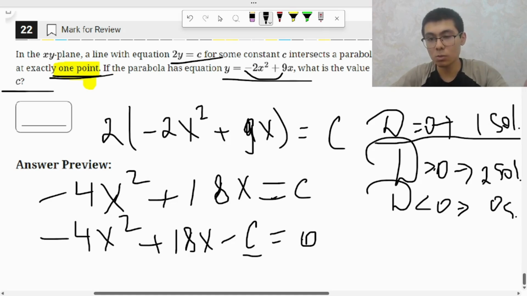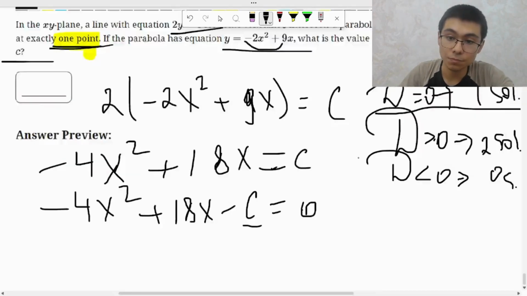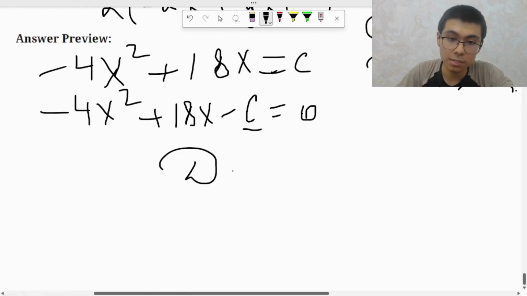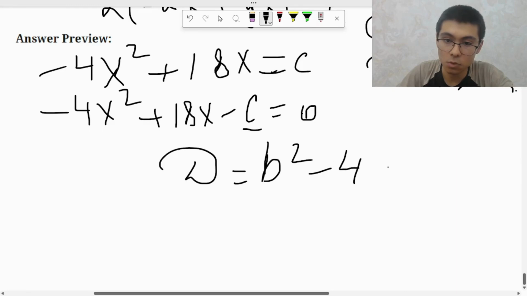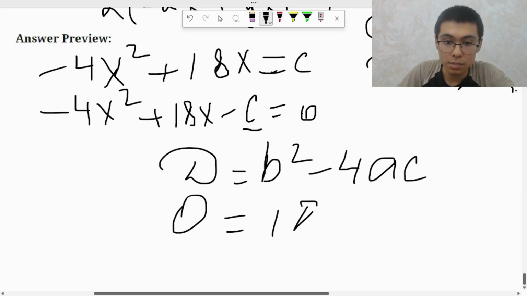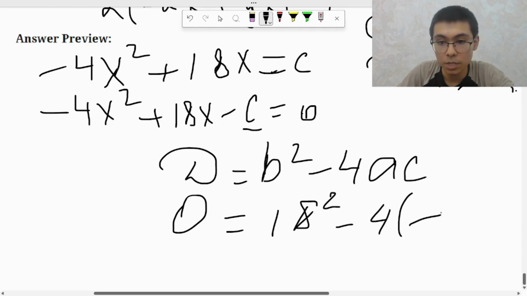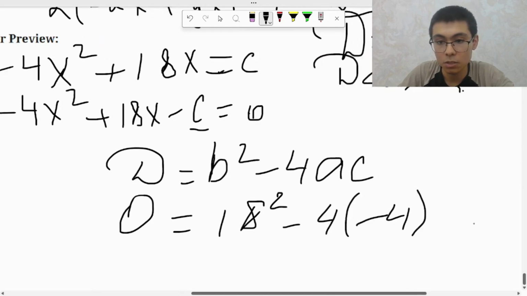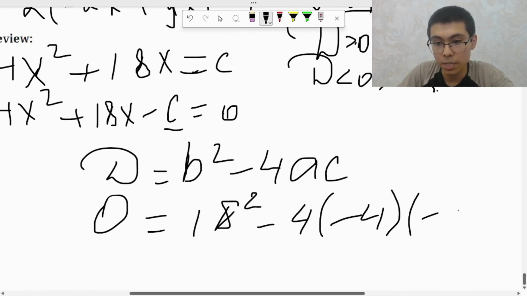But what is the discriminant equal to? Discriminant equals b squared minus 4ac. So 0 is going to equal 18 squared minus 4 times minus 4 times minus c.